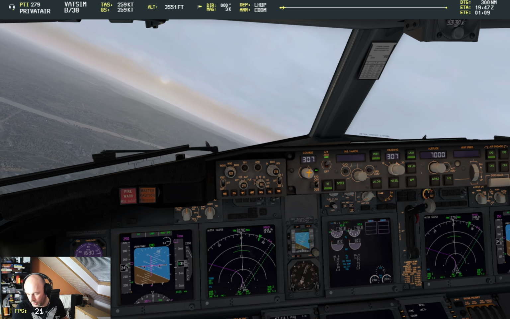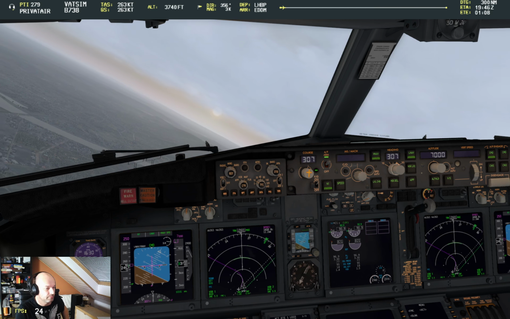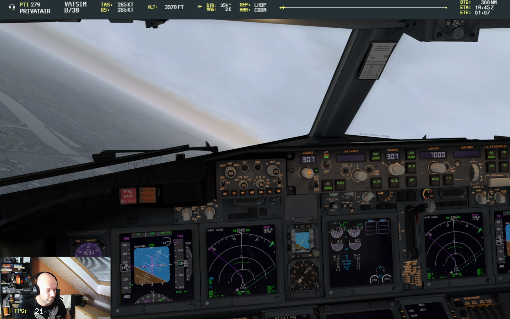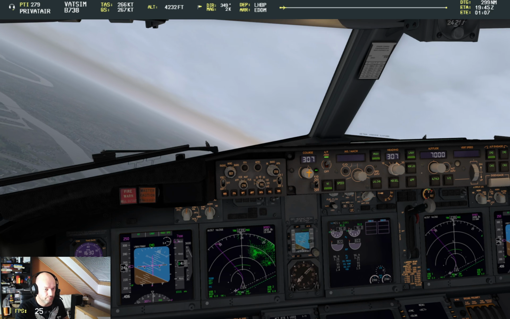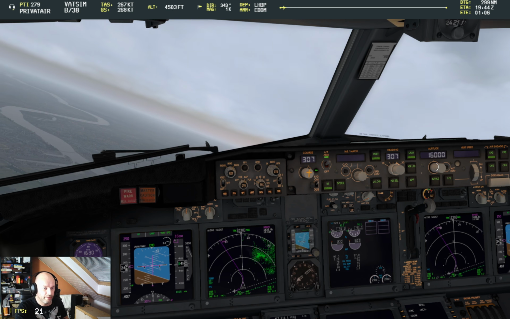Approach, good evening, private air 279, 3,500, climbing 7,000 feet. Hello Tamas, climb level 180, private air 279.